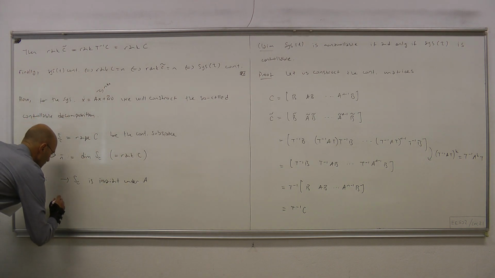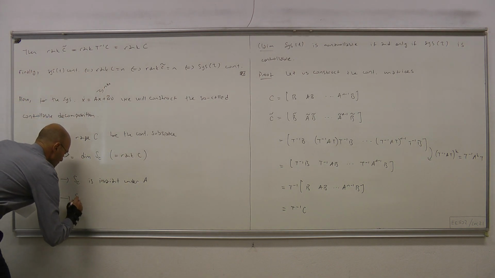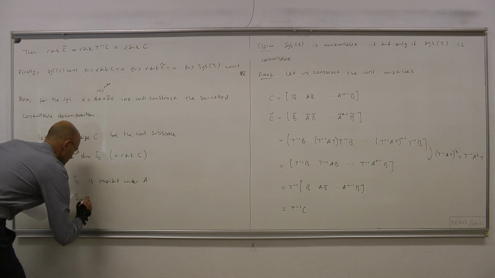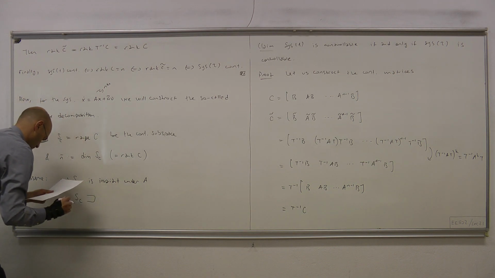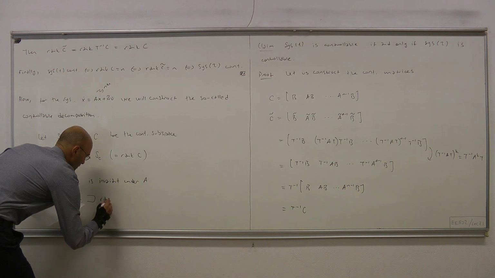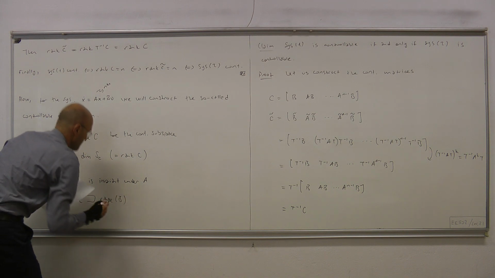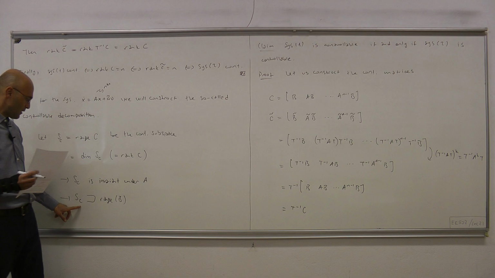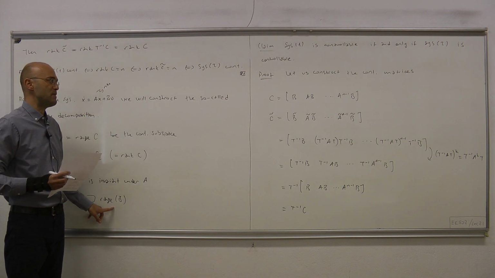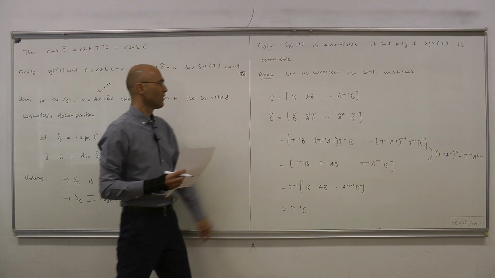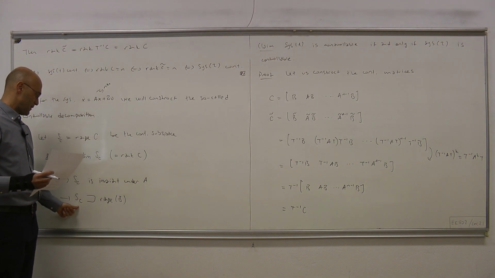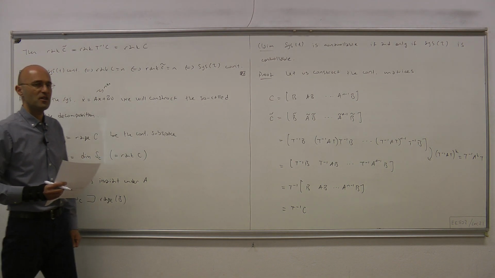The second observation, which is much simpler, is that the range space of B must be a subset of the controllable subspace.